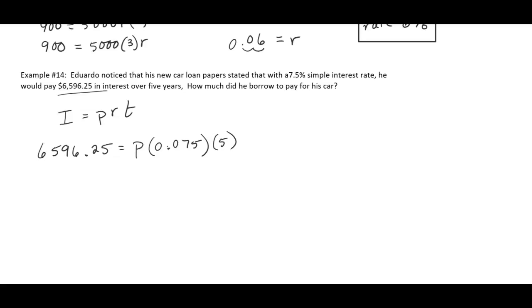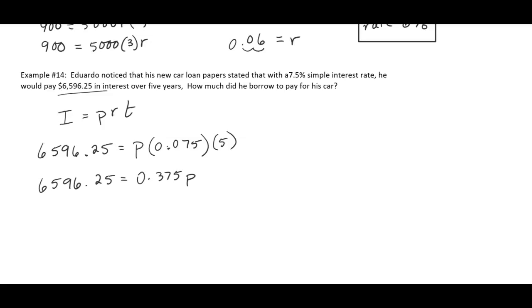So let's rewrite this. 6,596.25. I'm going to multiply 0.075 times 5, and I get 0.375P.